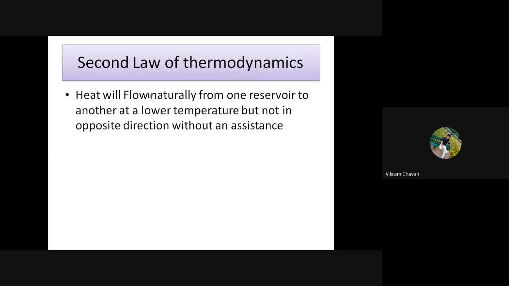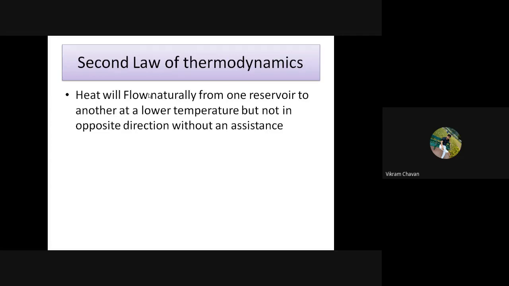Getting everyone? So in a generalized manner, we can say that heat will flow naturally from one reservoir to another at lower temperature. Meaning the other reservoir is placed at a lower temperature, but not in the opposite direction.